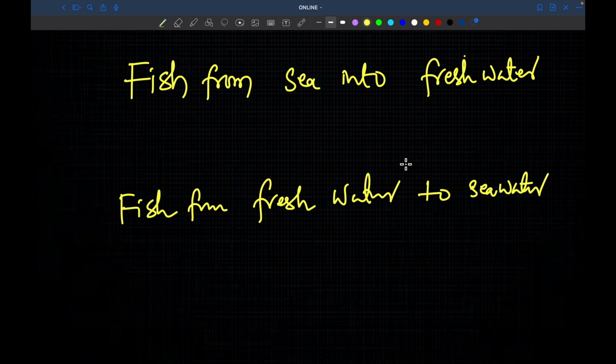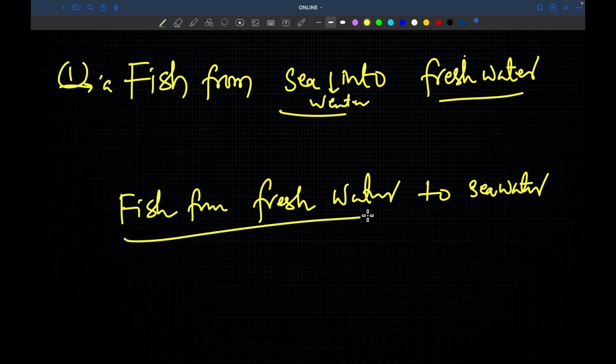Tell me, what happens? Do they survive? If a fish is migrated from sea water into fresh water, or from fresh water into sea water, are they going to live like that? Are they going to die?